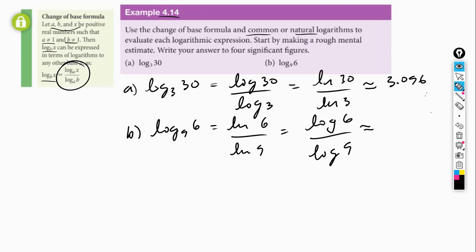So what would be the guesstimate? 9 to the power of what is 6? Well, it can't be 9 to the power of 1, because that would be 9, which is larger than 6. And it can't be 9 to the power of 1/2, because that's 3, which is way below 6. So it has to be almost 1. If you plug that into the calculator, you're going to see that it's actually 0.8155 to 4 significant figures.